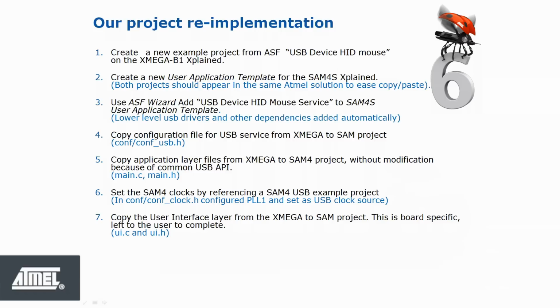Copy the configuration file for the USB service from the Xmega to the SAM project. 5. Copy application layer files from the Xmega to the SAM4 project, without modification because of the common USB API. 6. Set the SAM4 clocks by referencing a SAM4 USB example project. 7. Copy the user interface layer from the Xmega to the SAM project. This is board-specific, left to the user to complete.